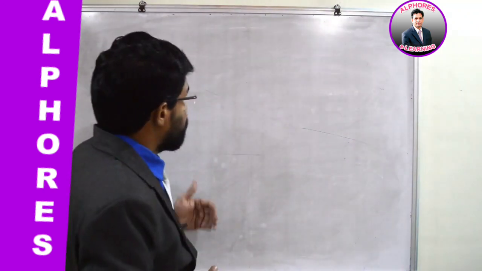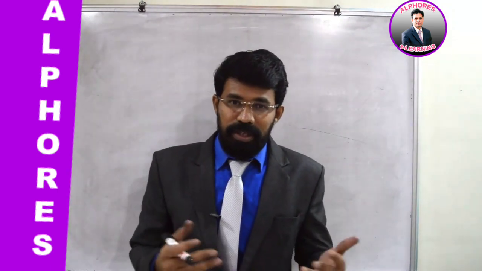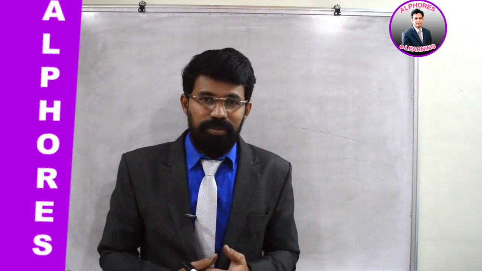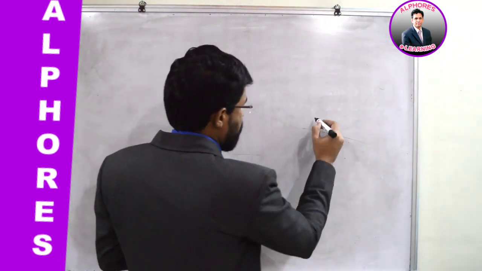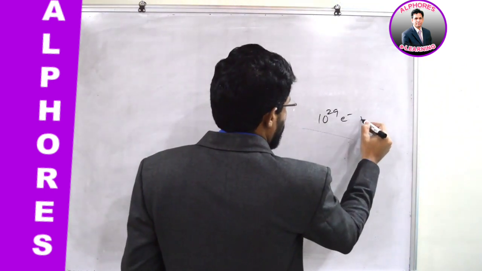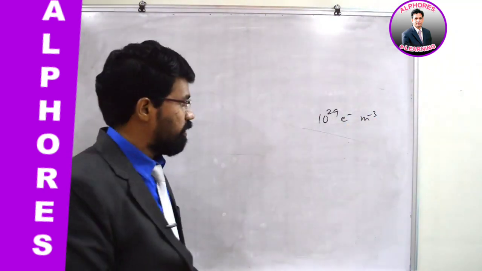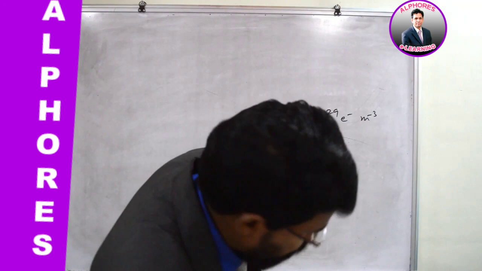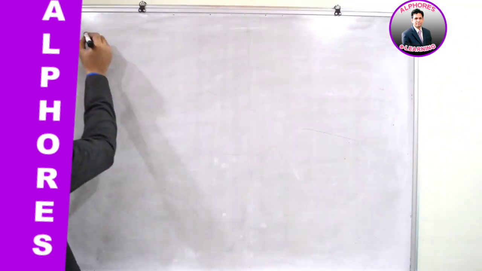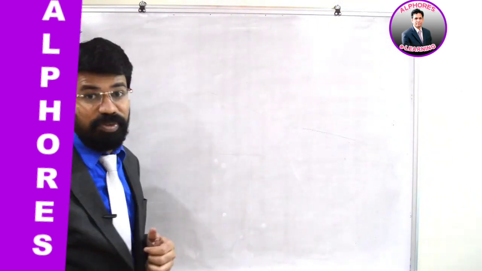See, just now I told you some time before, whenever you take a conductor, a metal, whatever it is, plenty of free electrons are available, and their density was also given. How much was the density I quoted earlier? 10 power 29 electrons per meter cube. Okay, and you know, at room temperature, all these electrons will be moving randomly.